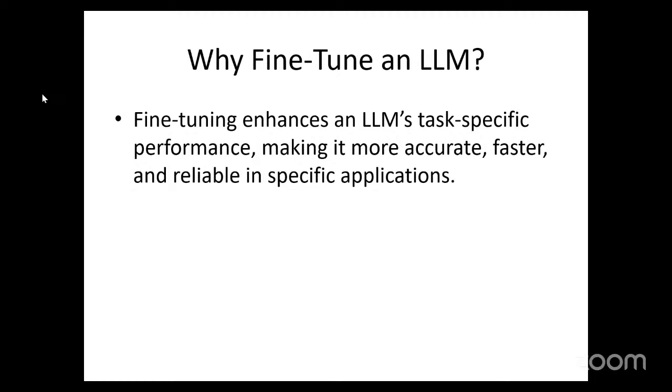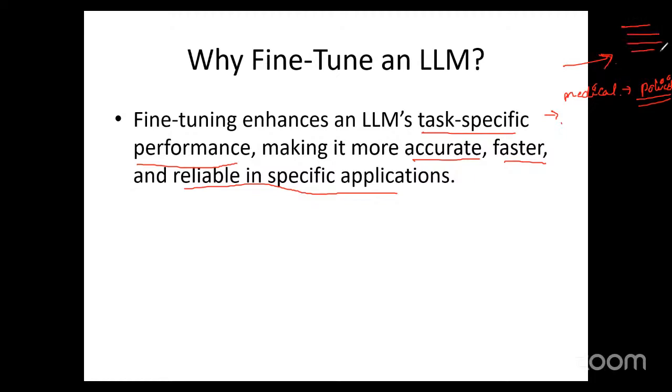So, fine-tuning enhances an LLM's specific performance, making it more accurate, faster, and reliable in specific applications. What happens is whenever you ask a specific domain question, maybe related to the medical domain, about some policies or some protocols, your ChatGPT will extract general policies or general protocols which are followed by everyone.